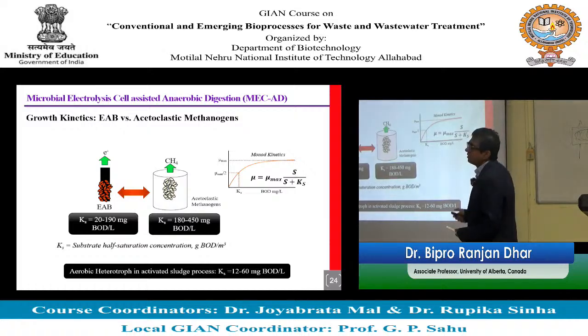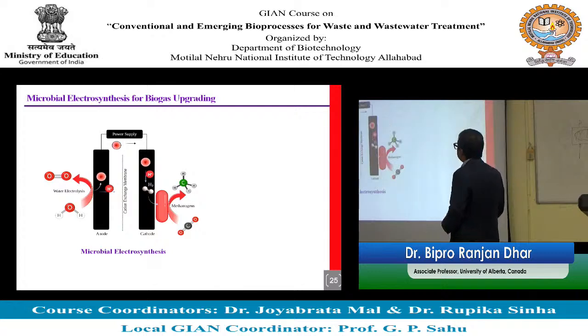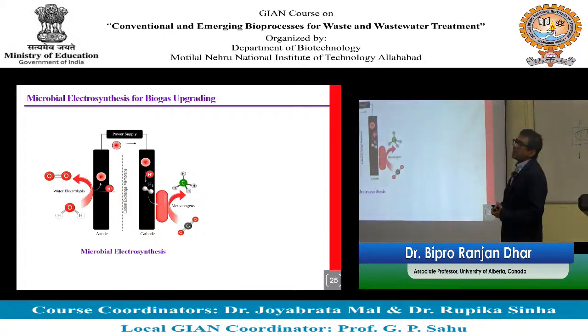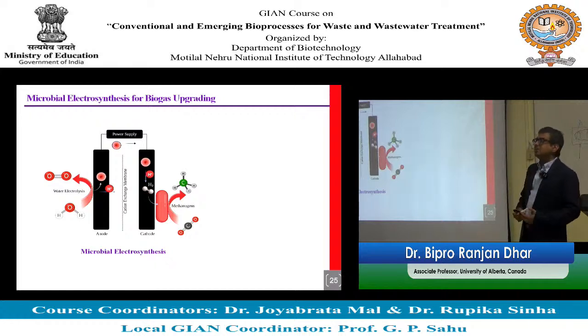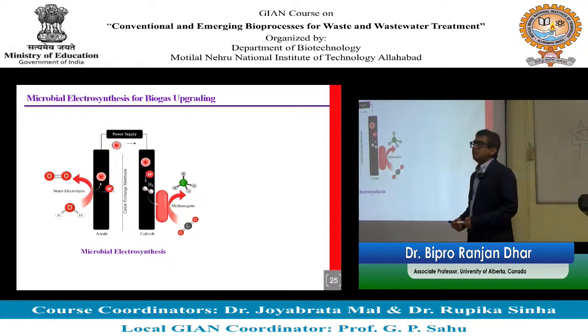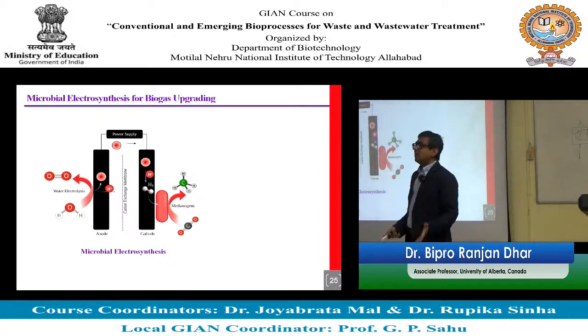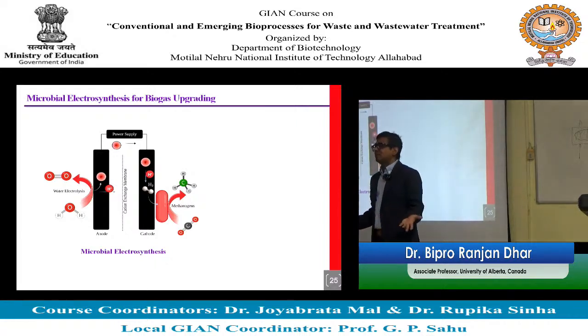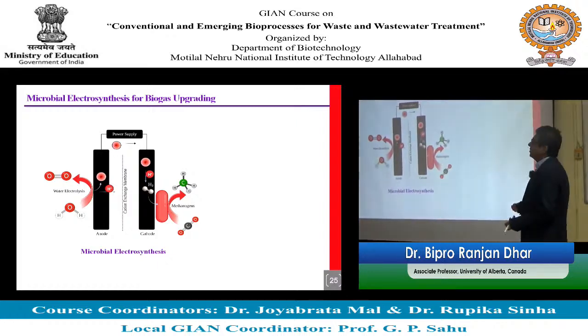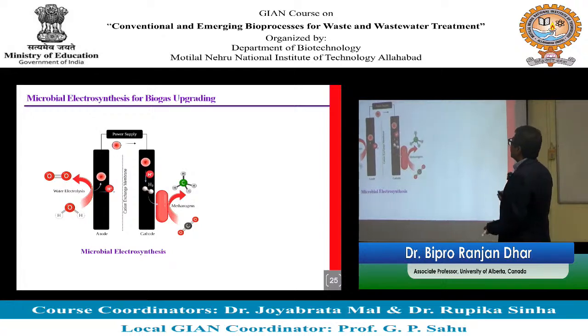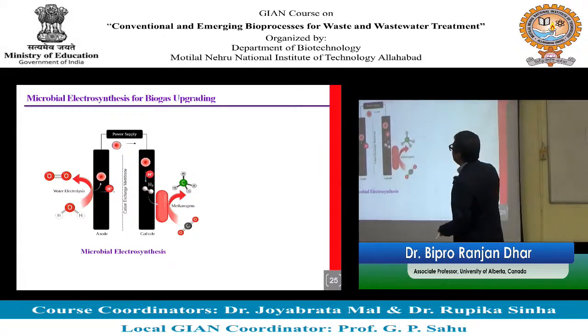with a regular anaerobic process. Another application could be microbial electrosynthesis, because these days there is a lot of interest in converting carbon dioxide, carbon capture, right? So converting carbon dioxide to some value-added product. We can also do that using this kind of process, but here your anode is going to be abiotic.